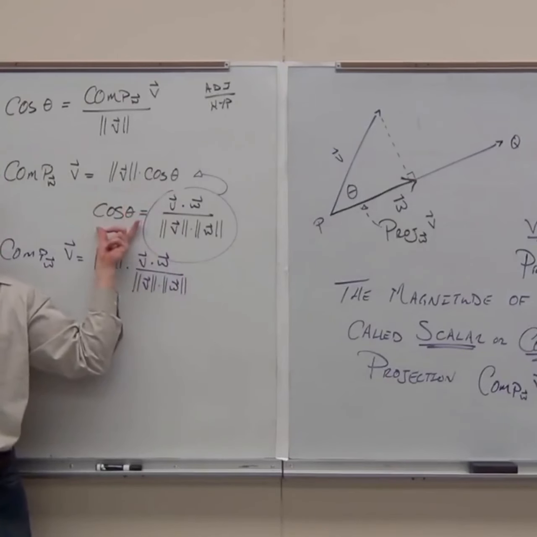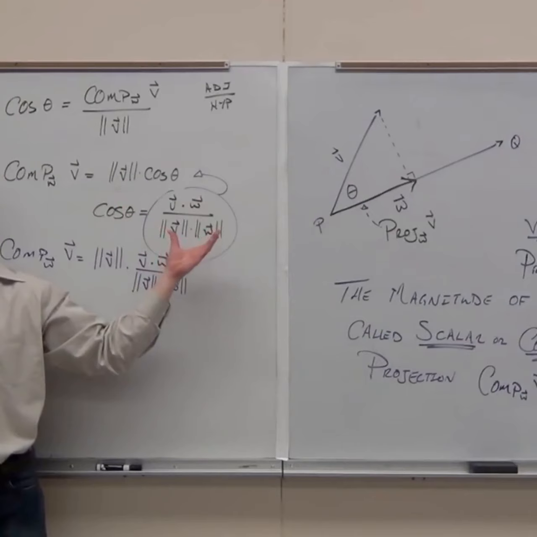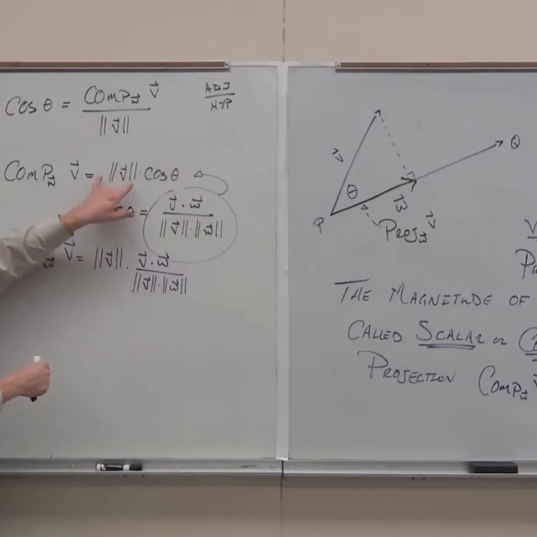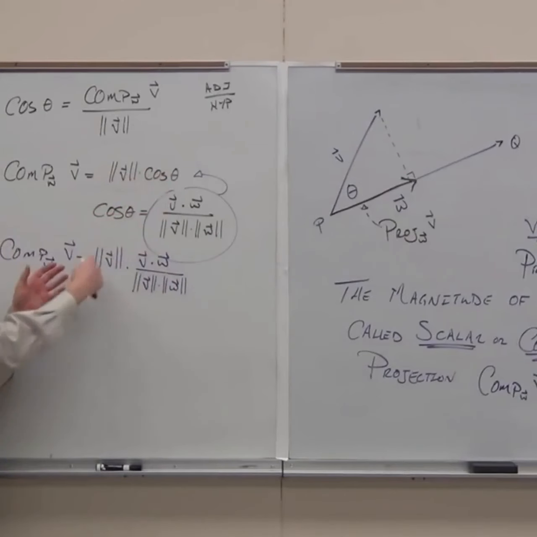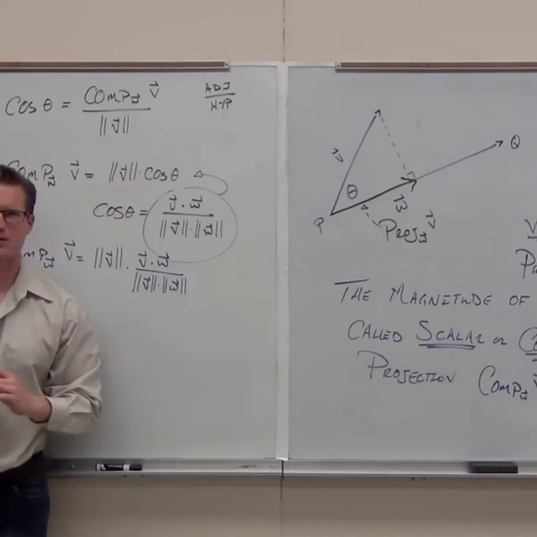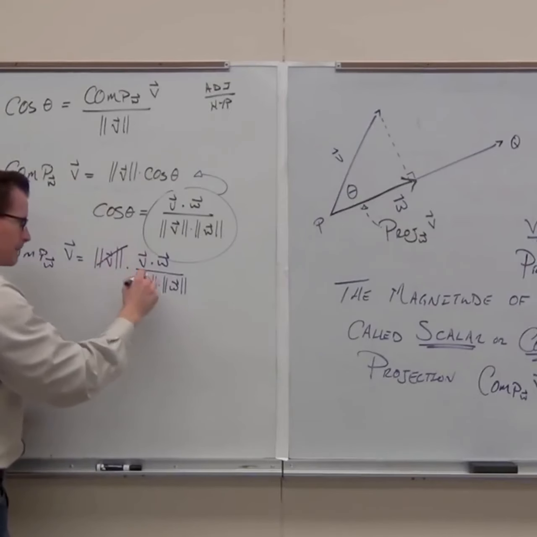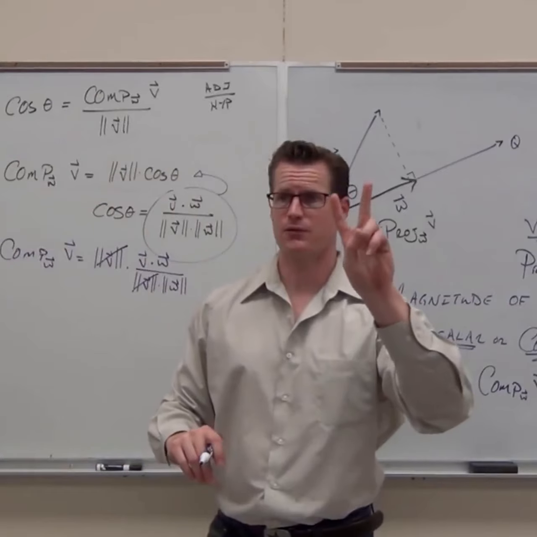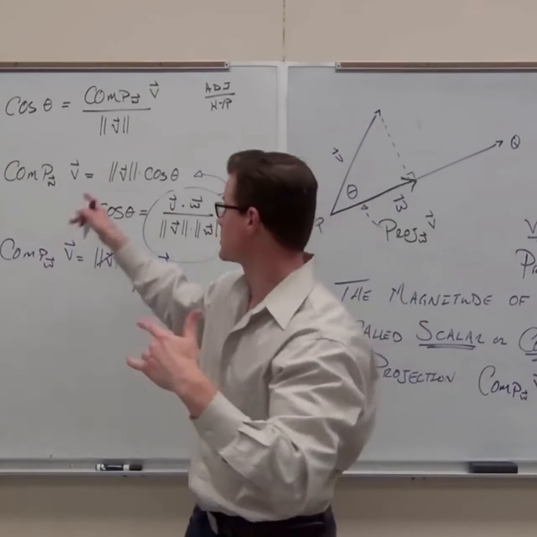You guys understand that cosine theta, we just proved it, spent like 30 minutes proving this. Are you guys okay with that one? If I take this and put it here, this V is this magnitude. All this junk is all this junk. Do you see anything that simplifies? That means that we have two formulas for component projection. The first one I've given to you.